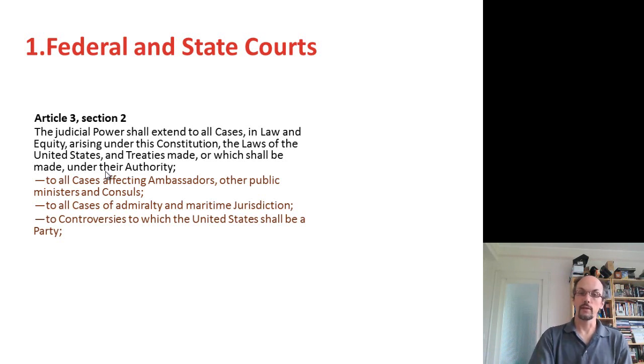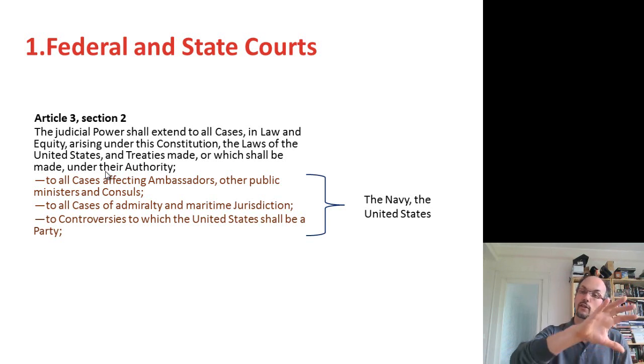Cases affecting ambassadors, other ministers and consuls, admiralty and maritime jurisdiction, controversies to which the United States shall be a party. So if it concerns the Navy or the United States as a whole, that's part of the federal jurisdiction. Of course, if it has to do with the federal government, why would you judge the case in Texas or in Oklahoma? It wouldn't make sense. So you have courts for that.